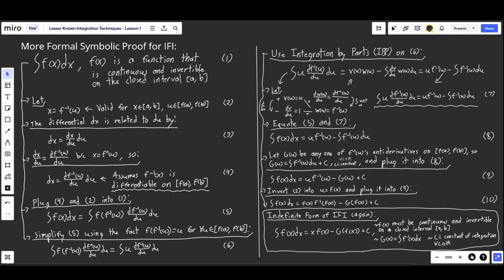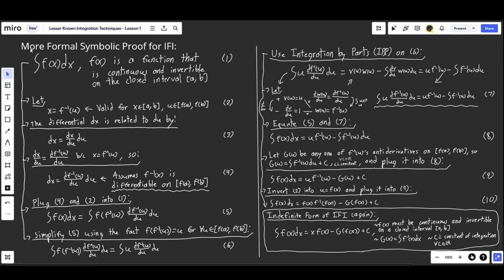And f of x must be continuous and invertible on a closed interval a to b, and g of x will be one of the antiderivatives produced by the indefinite integral of the inverse of f of x.